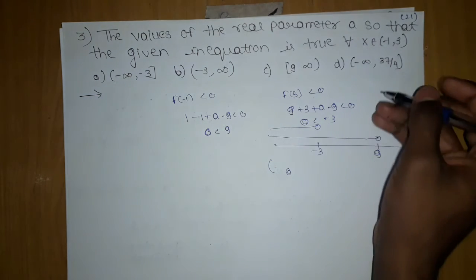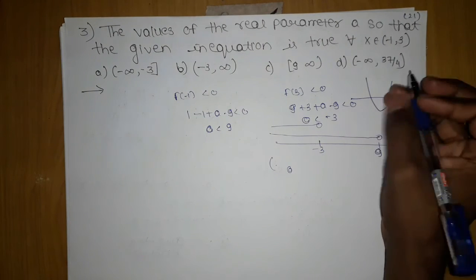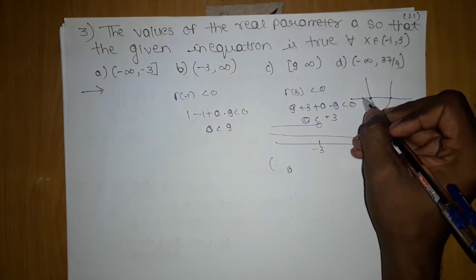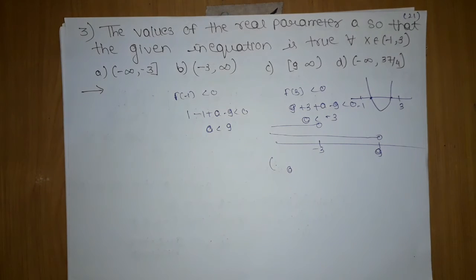Now let's see why we are not getting the answer. This is the parabola. It is telling us x belongs to -1 to 3. Now these can also be the roots.